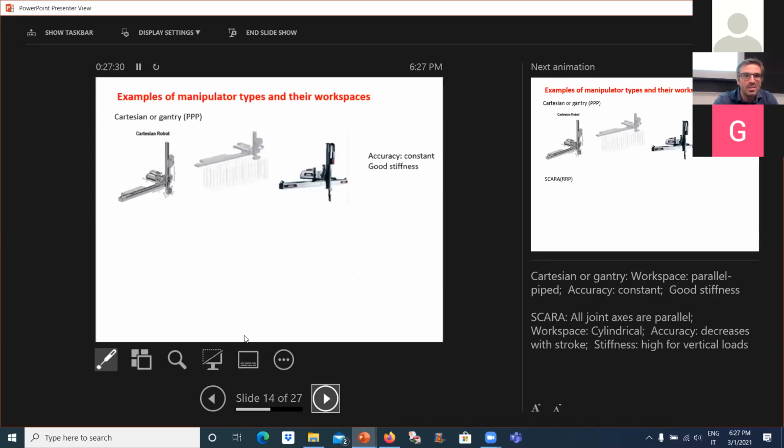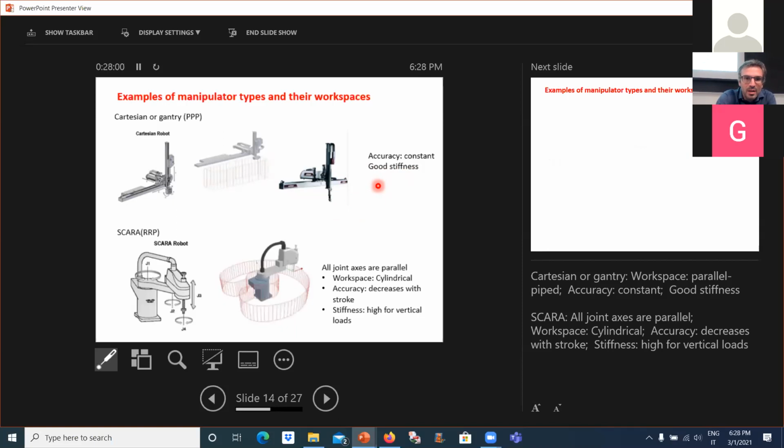If you have a Cartesian robot, you see that the workspace is a parallelepiped. And the accuracy along this workspace is constant. That's why gantries are very good also for whatever you have inside a 3D printer. You have a Cartesian gantry that moves the tip in 3D, and they have good stiffness.